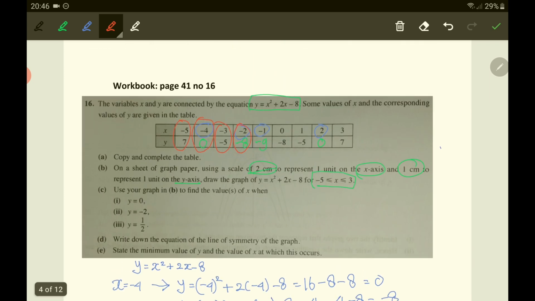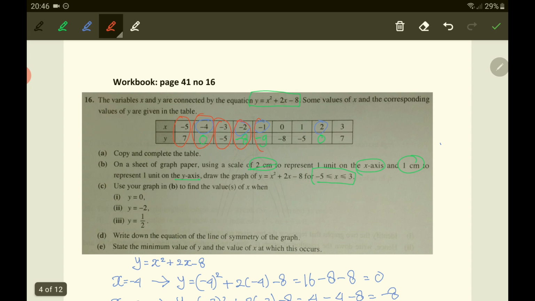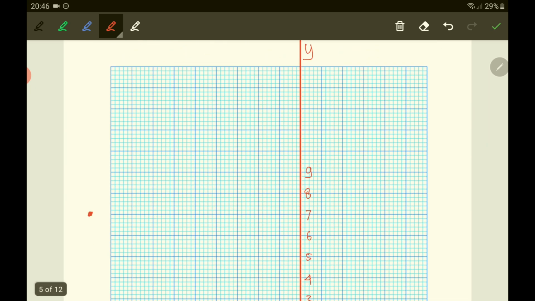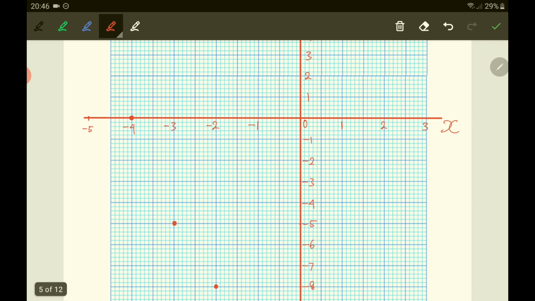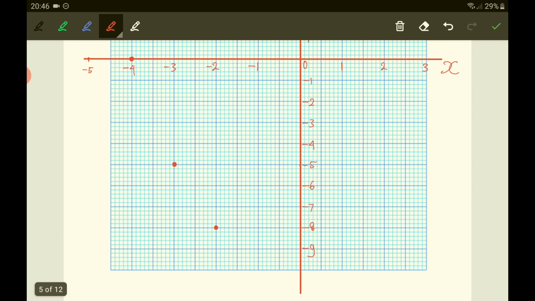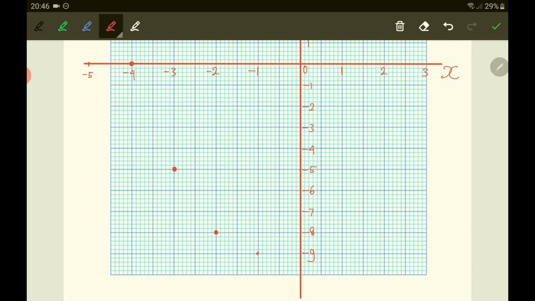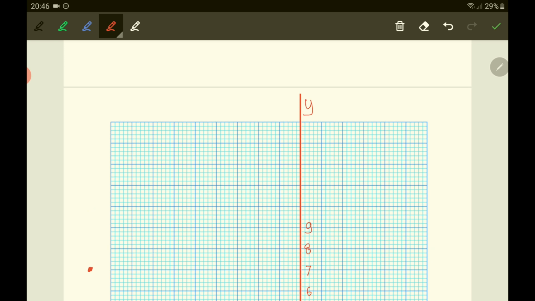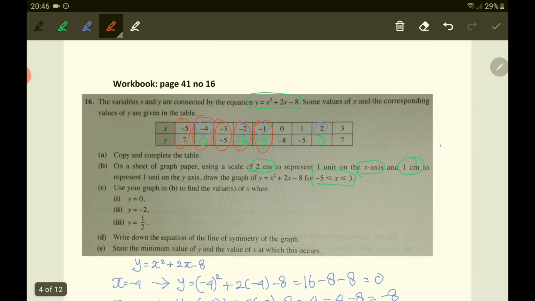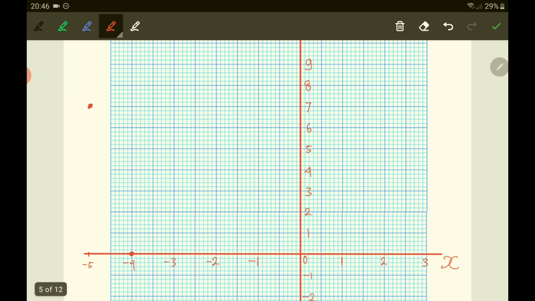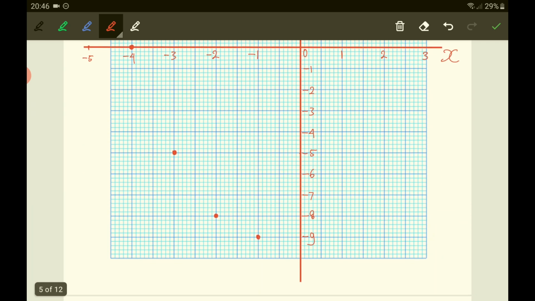Next is minus 1, minus 9. The x is minus 1, the y is minus 9, so this is the coordinate. Next I get 0, minus 8. The x is 0 and the y is minus 8.